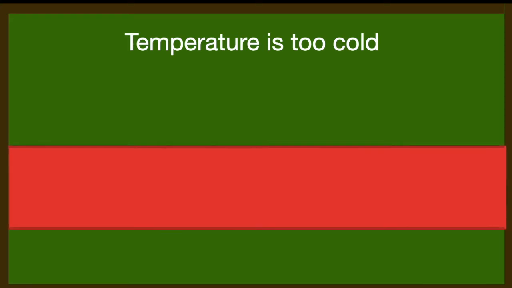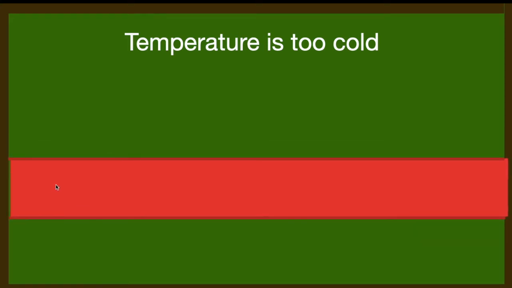So it gets smaller, and it keeps the heat from going away. Another thing that happens is the hypothalamus makes you shiver, so the muscles are moving, which produces heat.